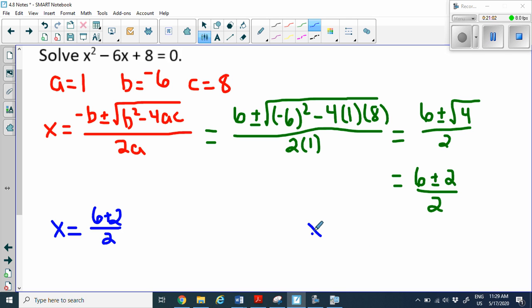My other one is when I'm actually going to do 6 minus 2 divided by 2. Okay, so with the plus, 6 plus 2 gives me 8 divided by 2. And that gives us a nice number because you can do 8 divided by 2 in your calculator. That gives us 4. On the other hand, when I do 6 minus 2, that gives me 4.